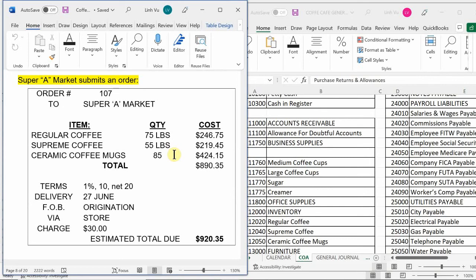So once again, if a customer paid me in advance for something I haven't done yet, what is my obligation now? To show the advance payment.